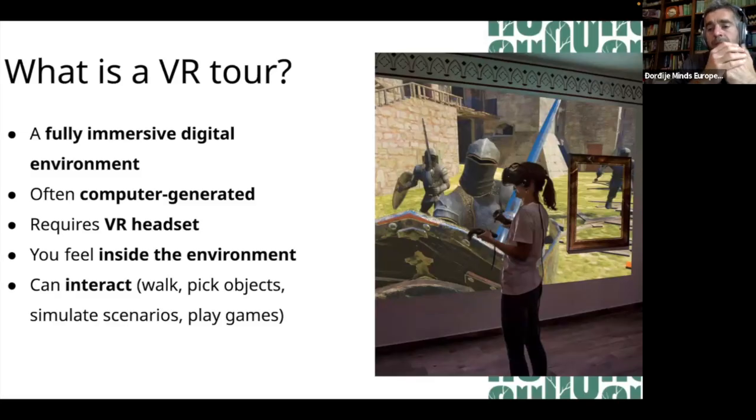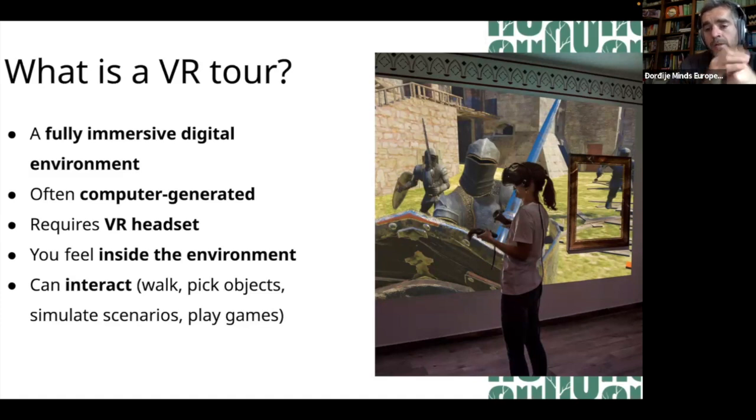You can feel like you're inside of this environment because you can walk through, like walking, you can visit something. Most high quality or popular famous tourism destinations use exactly VR technology rather than 360 technology because it's more effective. It has greater interactivity because you can walk, you can play games.